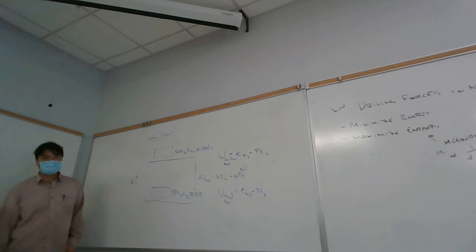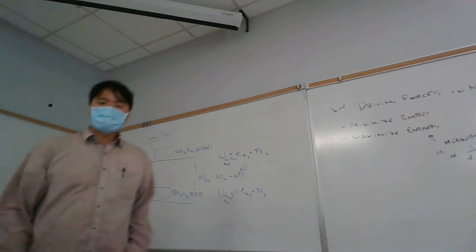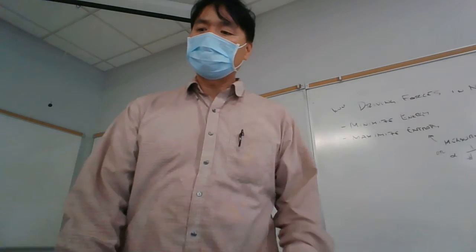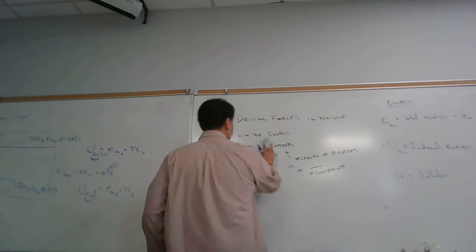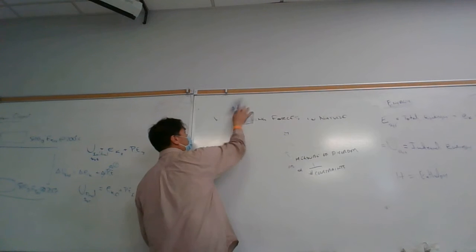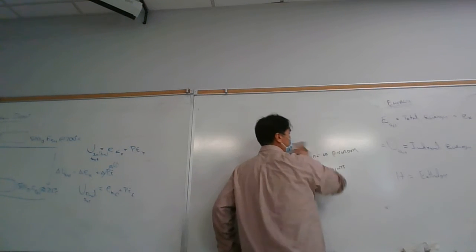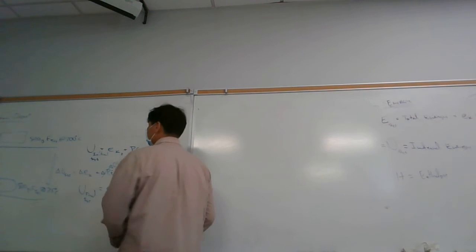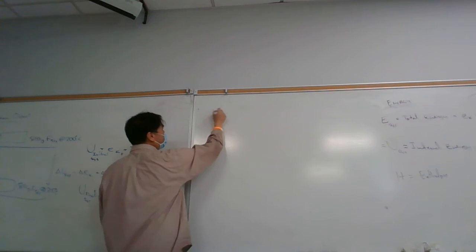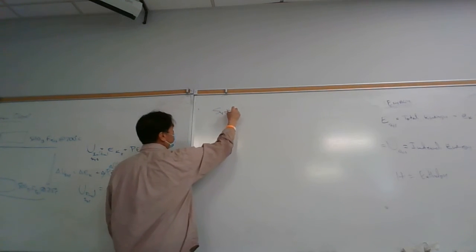That would be something different. Because when iron melts, there's a melting point and the temperature doesn't change. So its kinetic energy doesn't change. The only thing that can change is its potential energy. The potential energy is different. But let's not get into melting here. What we're going to do is we'll look at the system as a reaction or process.